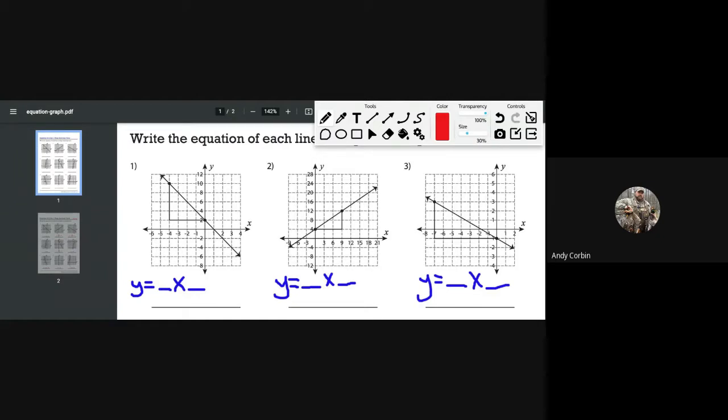Look at the numbers on the x and y axis and what do you notice? One goes by 2s and the other goes by 1s. That's right. Look at number 2. Look at the numbers on the x and the y axis. What do you notice about those numbers? One goes by threes and the other goes by fours.